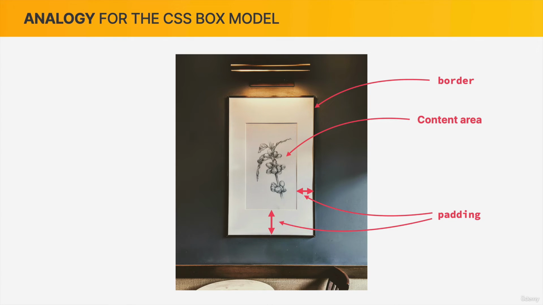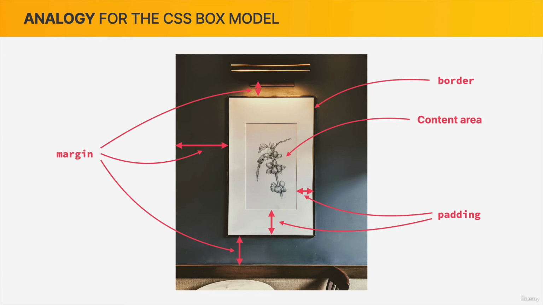Finally, when we hang a picture on the wall using a frame like this, then of course there might be some space between other elements on the wall or even some other walls on the sides. And so in our box model analogy, that of course would be the margin. So it is the space that is outside of the frame and creating space between frames.